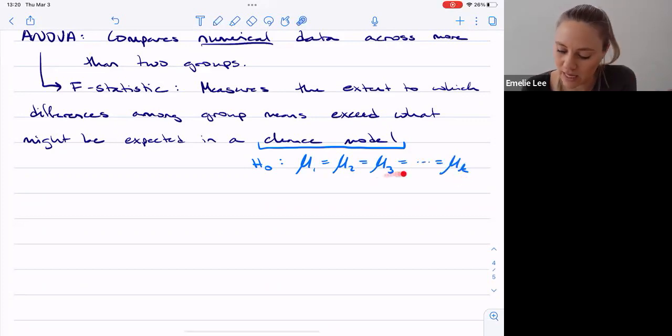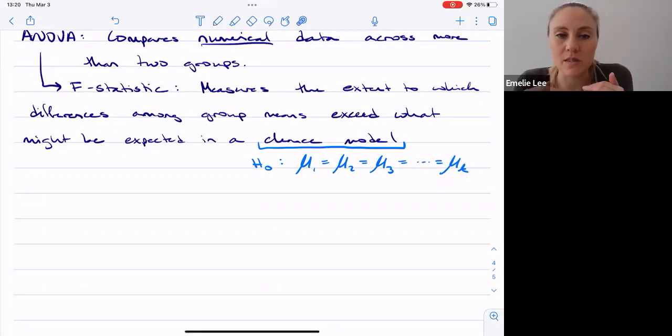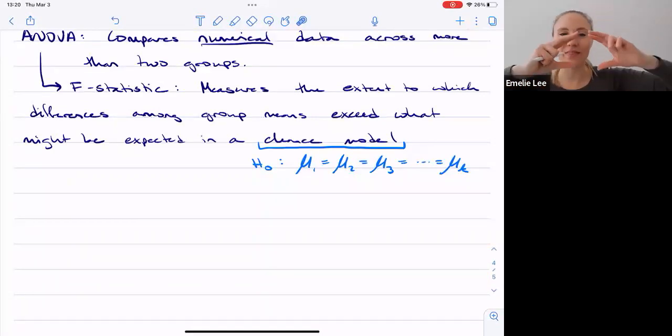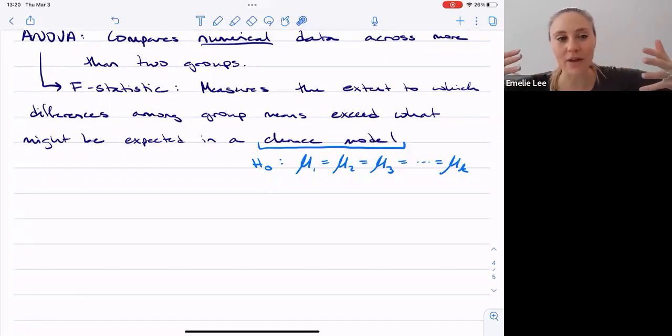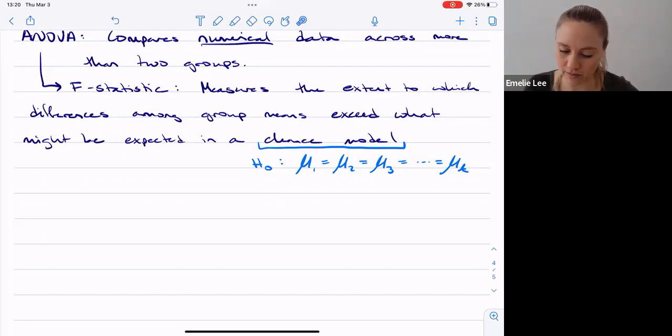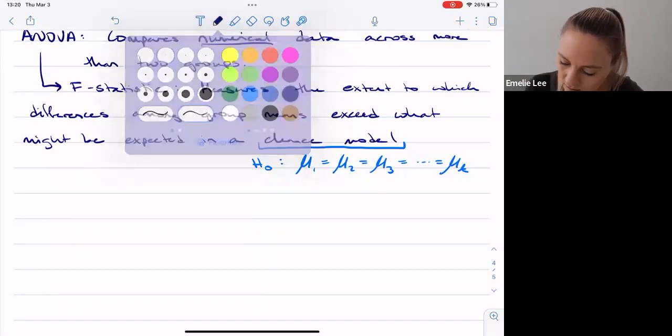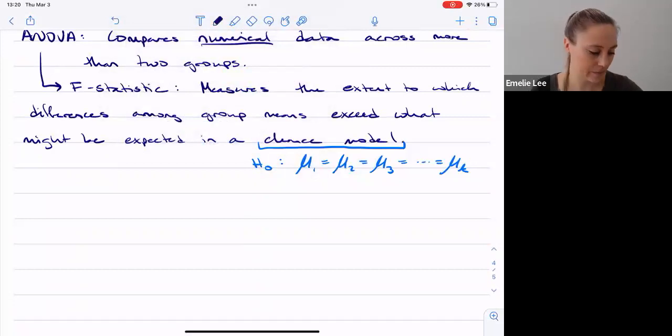The means of k groups are all the same, not significantly different from each other. That would be the chance model. So yes, the samples that we're looking at look a little bit different, but there's no significant difference among them that we can detect.